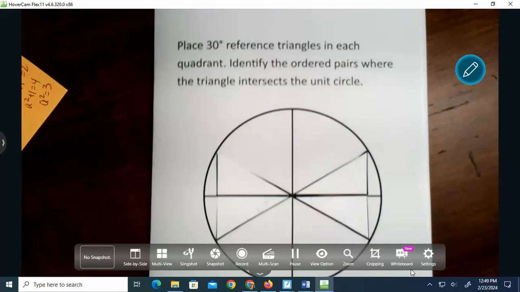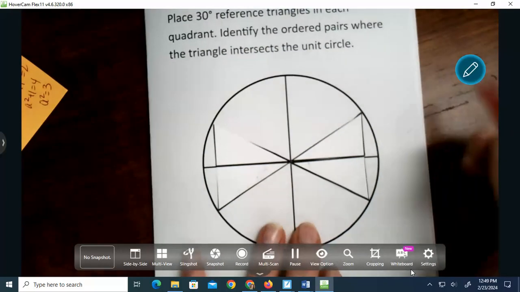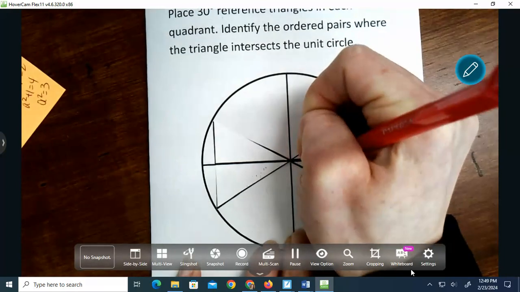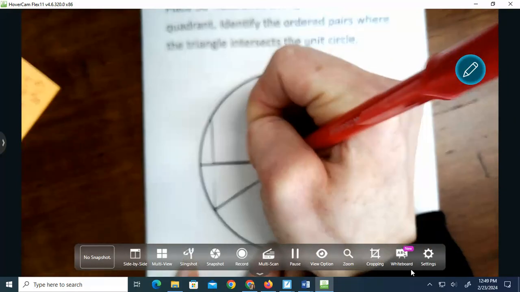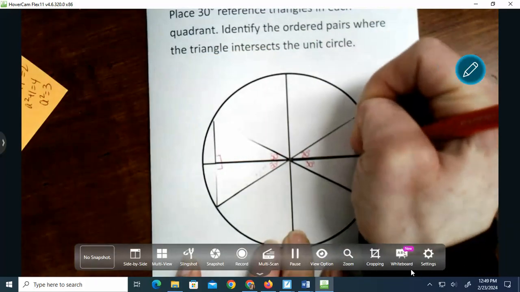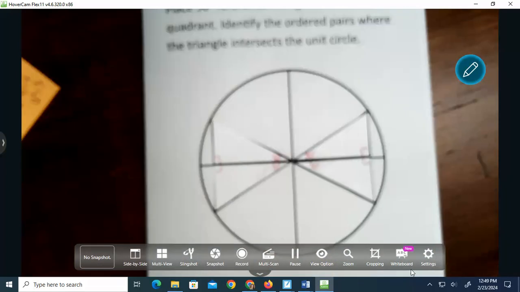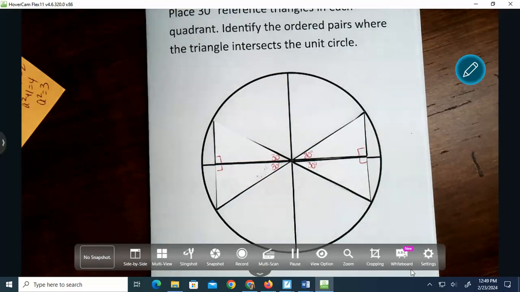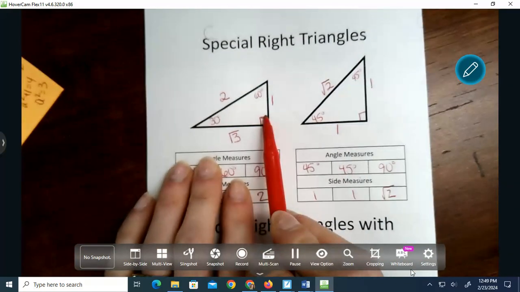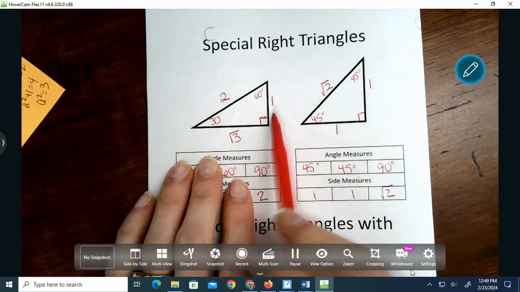Okay, so this first one, we have glued our triangles so that these are all 30-degree angles coming out from the center, because we have our 30, 60, 90 triangles. These are the right angles over here. Now, from what we just talked about with our angle relationships, when we had the 30, 60, 90 triangle, the side across from the 30-degree had a length of 1.